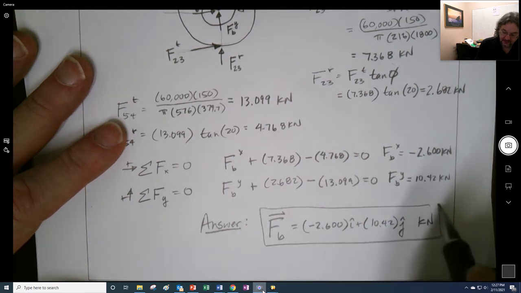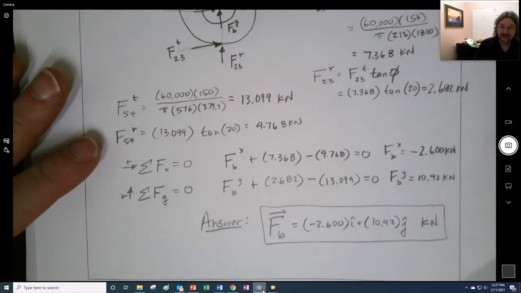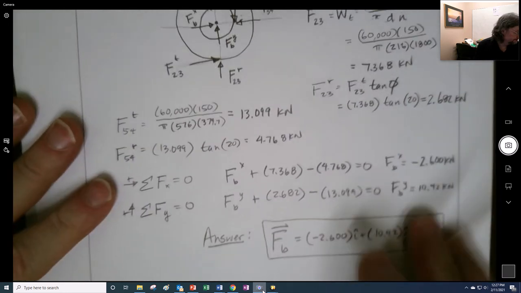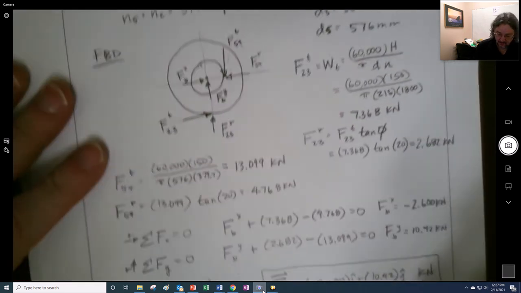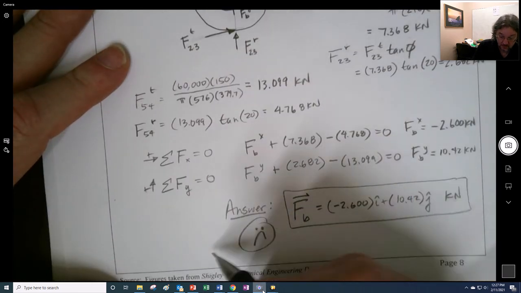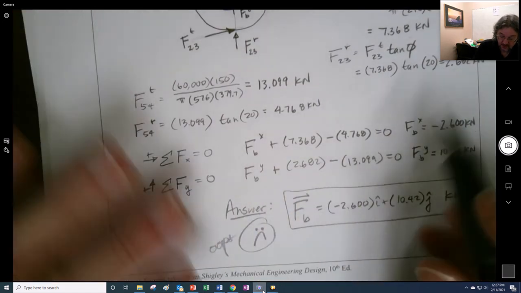These are the forces applied to the shaft, right? So if you wonder, no, my bad. Oops, it should be opposite.